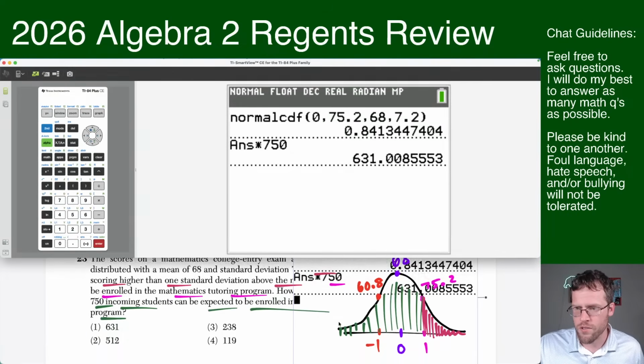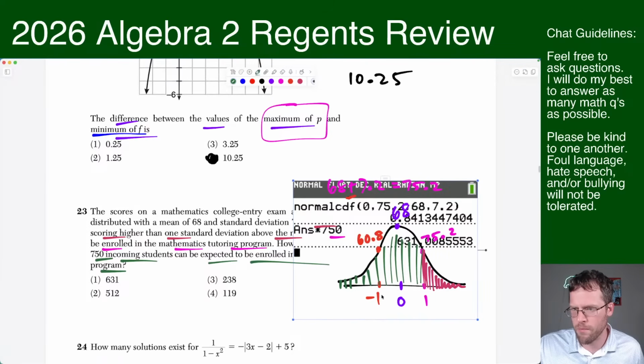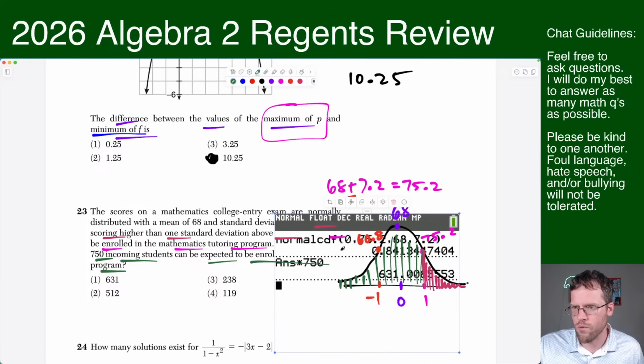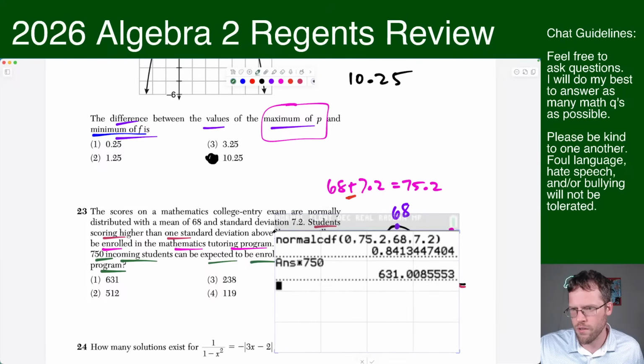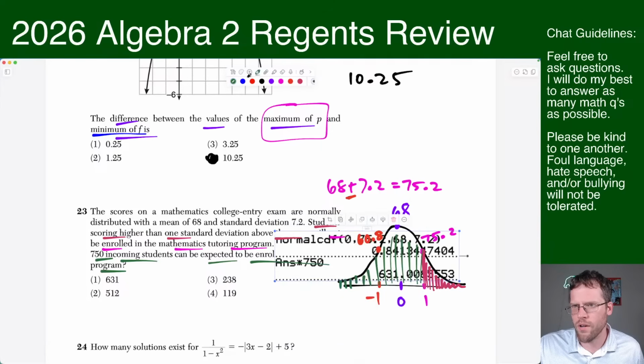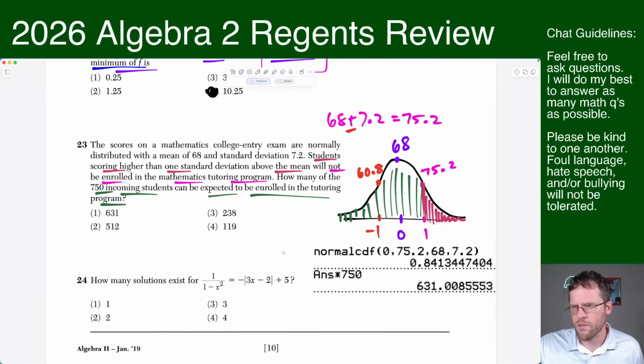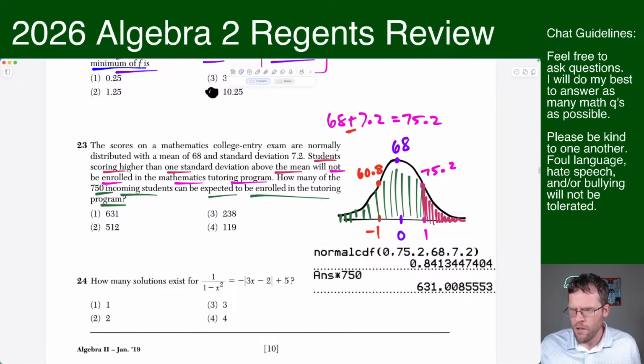Okay, so just to summarize what just happened here, because that might be like, whoa, what are you doing? If we look over here, we had to do a little bit by hand.